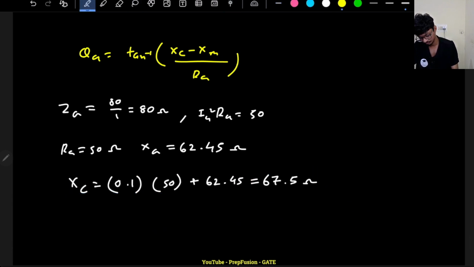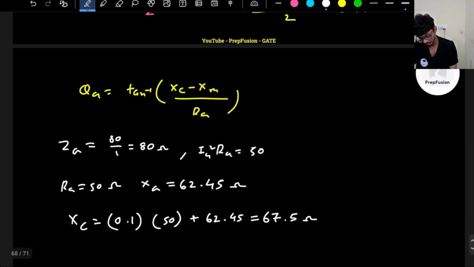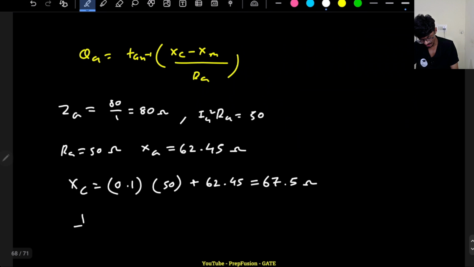Now, what is the capacitance? Capacitance will be 1 by j omega c. 1 by omega c will be equal to Xc. So your C will be 1 by omega Xc, that is 1 over 2 pi into 50 into Xc, that is 67.5.